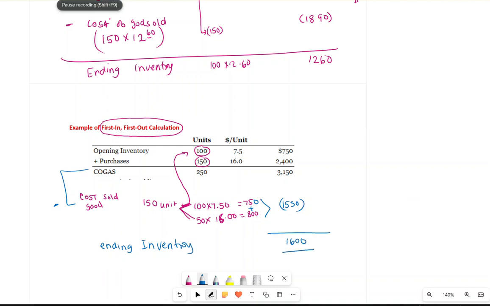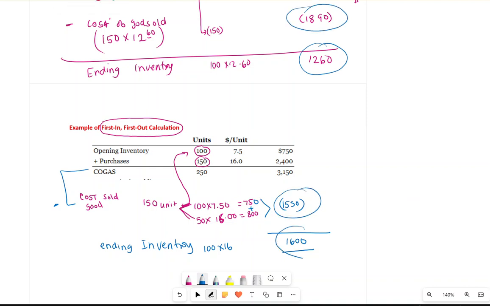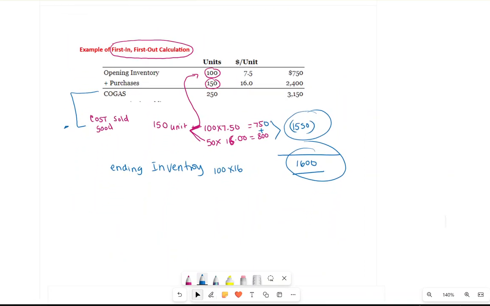So that's my cost of goods sold, and that's my ending inventory. It will be 100 units at $16 left. So now if you look at your ending inventory and your cost of goods sold, they are different under both methods that we just did.